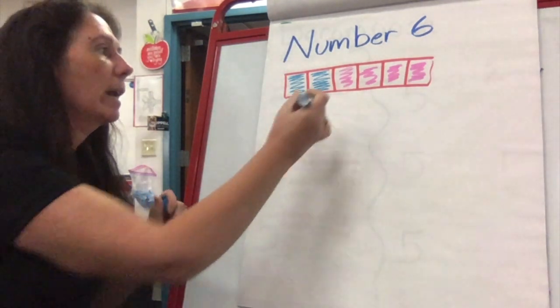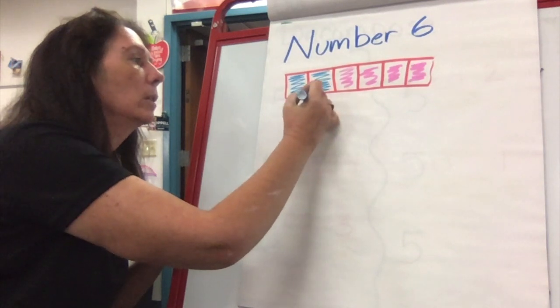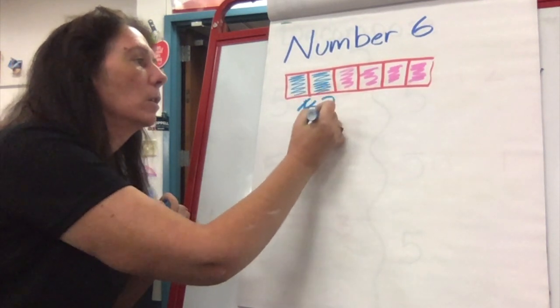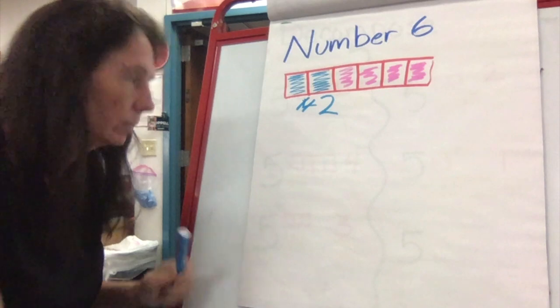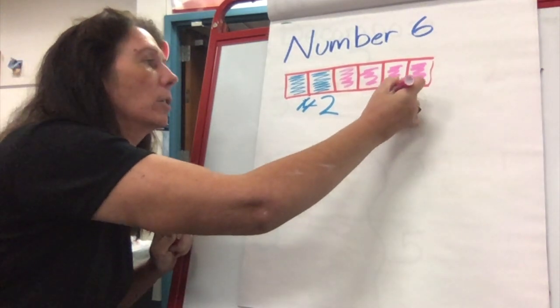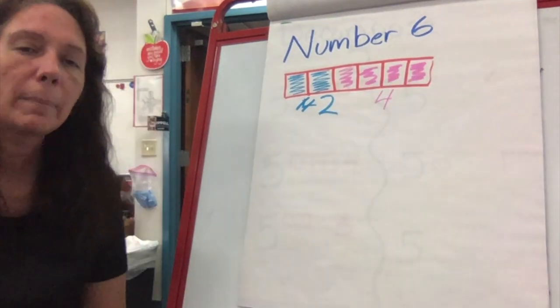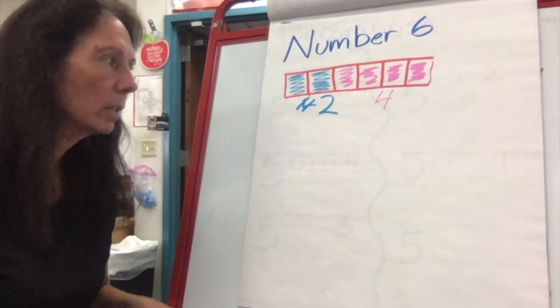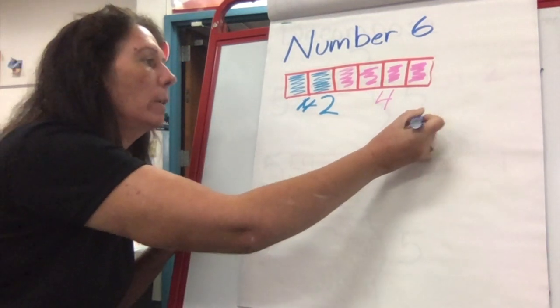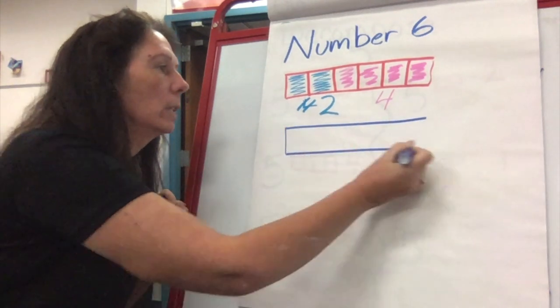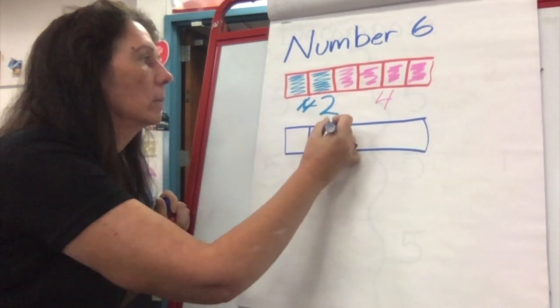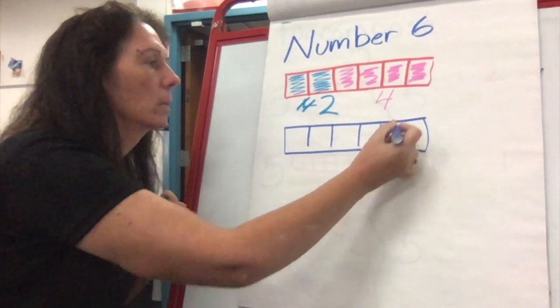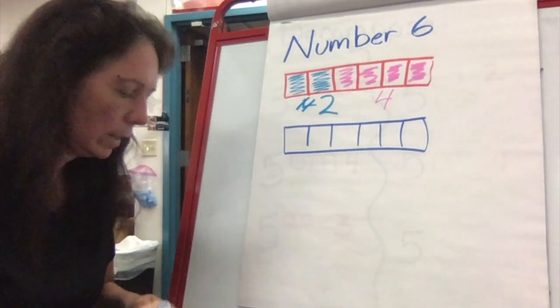I can see that I have 2 and 4 make up the number 6. I can draw another box, and remember how we talked about how it can look differently. Okay?